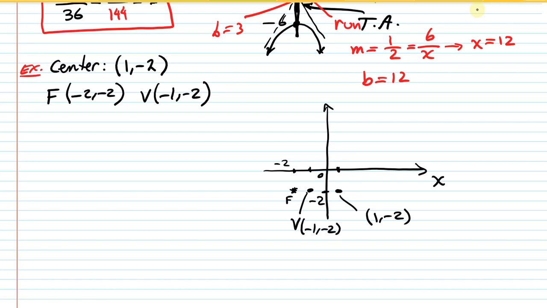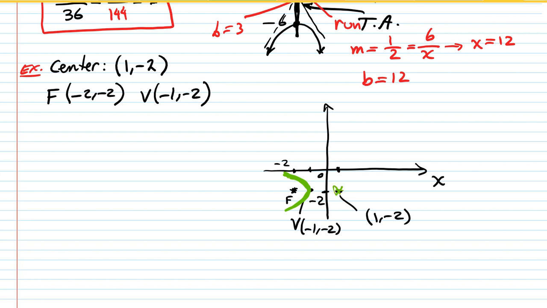And because, again, vertex, center, and foci, or a focal point in this case, are all collinear points, and the focus is in front of the vertex, this branch has to open to the left. Otherwise, the focus will not be in front of the vertex.